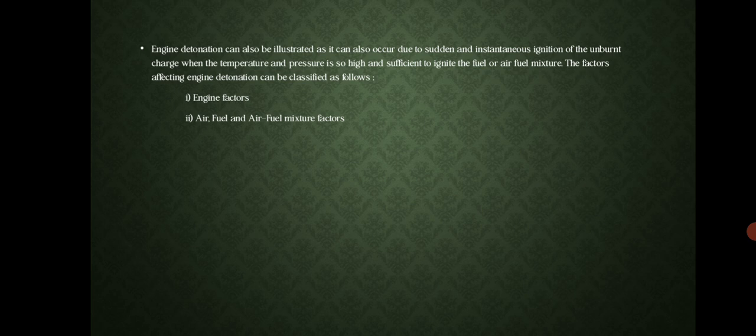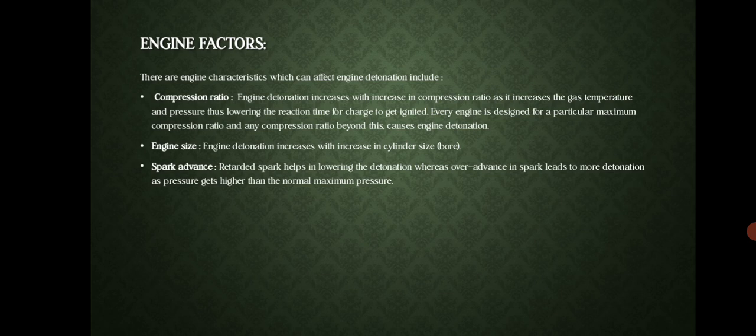The factors affecting engine detonation can be classified as engine factors and air fuel mixture factors. Engine factors. Engine characteristics which can affect engine detonation include compression ratio. Engine detonation increases with an increase in compression ratio, as it increases the gas temperature and pressure, thus lowering the reaction time for the charge to get ignited.